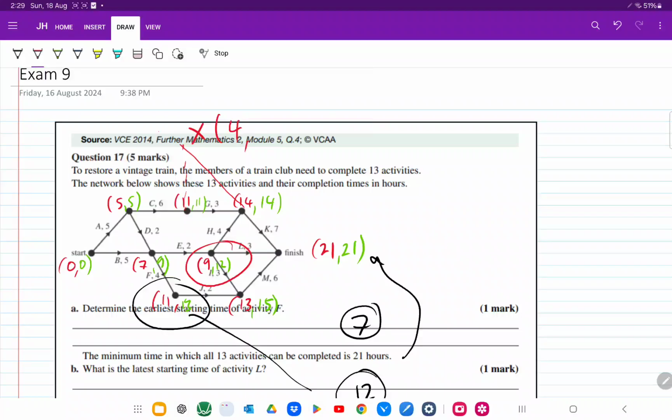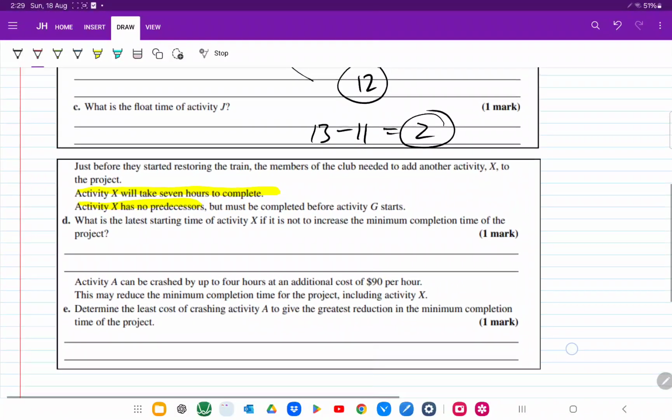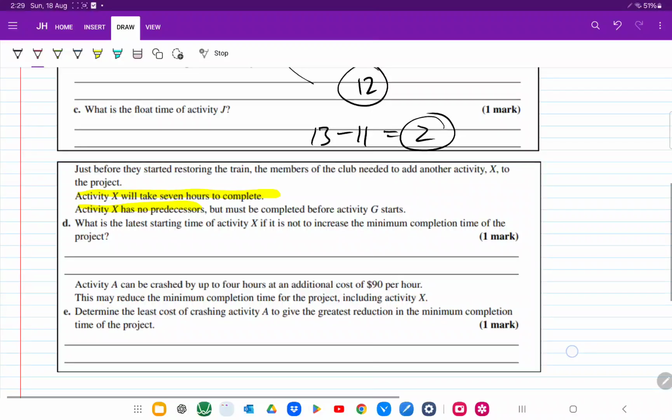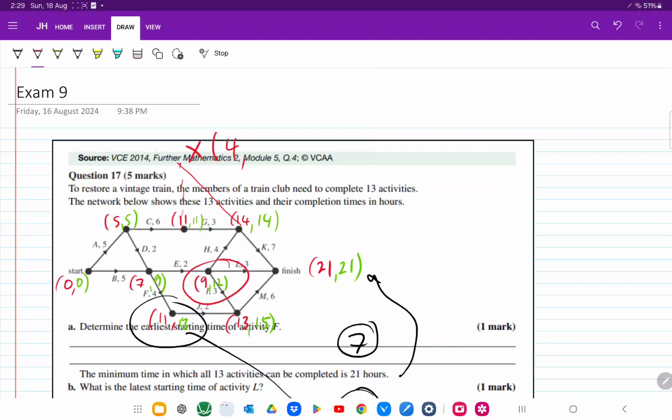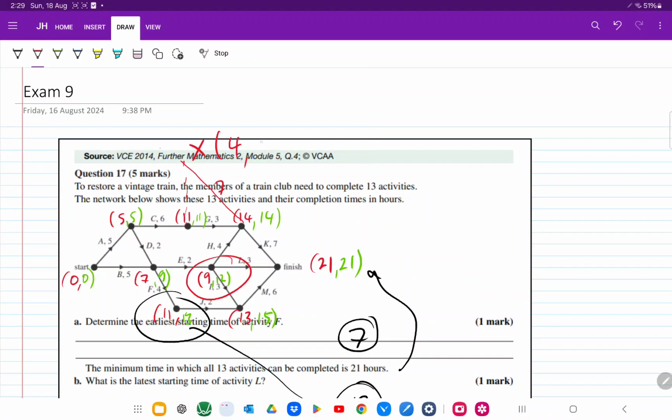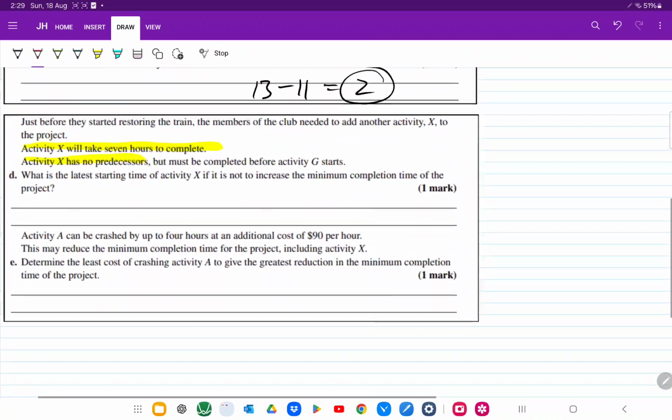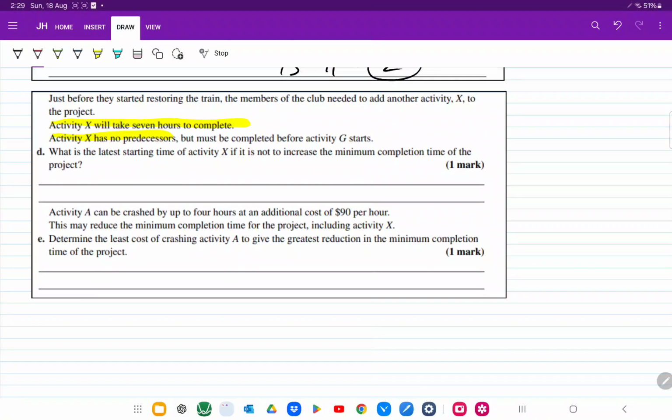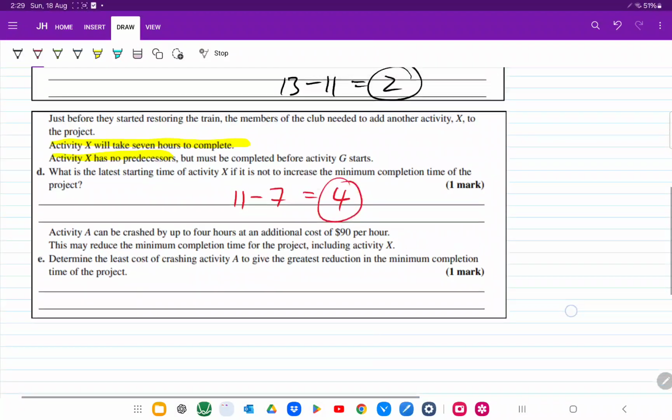Okay, so it needs at least a time of 4 before activity G. Activity G and X can finish at the same time. So if this takes 7, 14 minus 7, so we got 7 there. All right, now in this case it is 11 minus 7, which is equal to 4, which is what we just discussed.